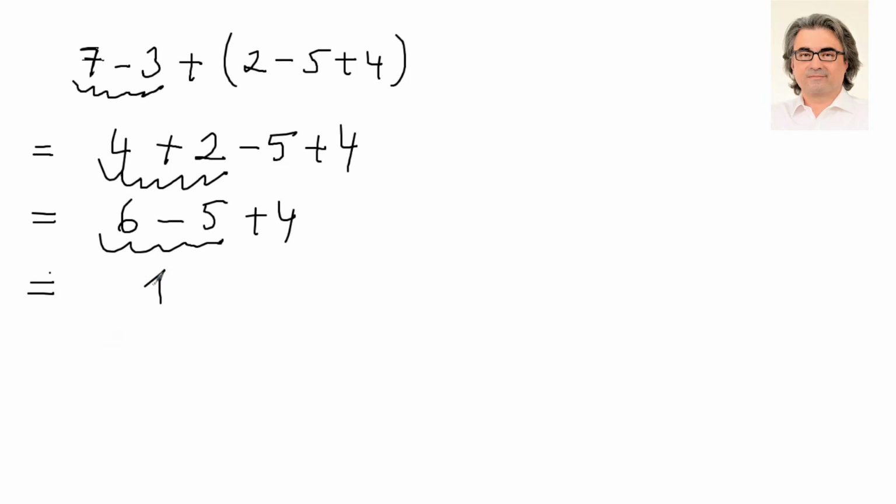And the sign of 1 is the sign of 6. It means plus. Then write plus 4. Plus 1 plus 4, they have the same sign, so write the summation here. And the sign of 5 is the common sign of 1 and 4, plus. It means 5.